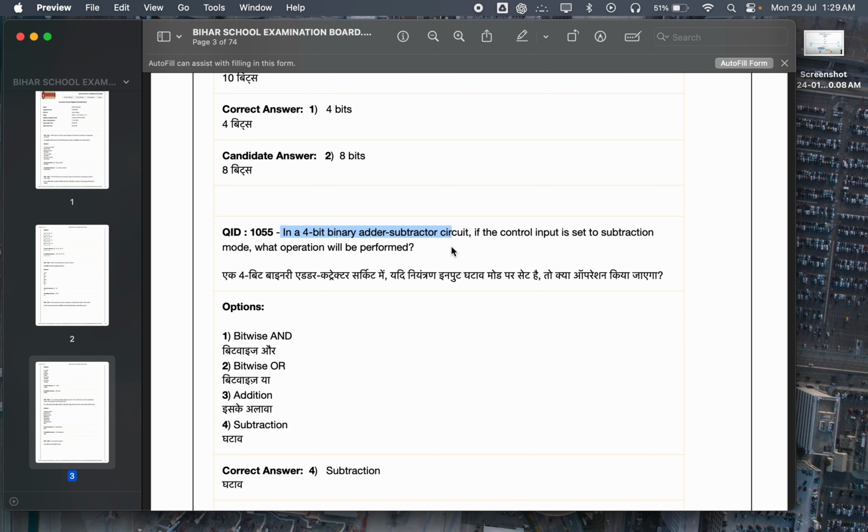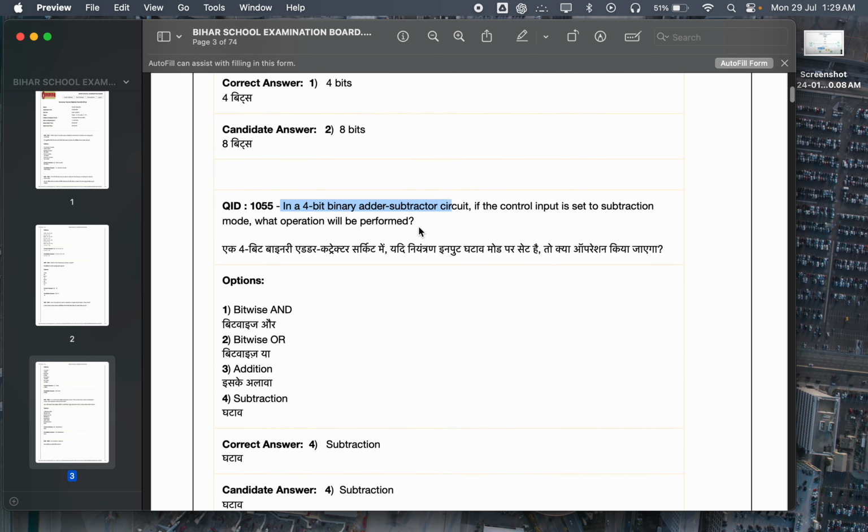Now coming to the next question: in a 4-bit binary adder-subtractor circuit, if the control input is set to subtraction mode, which operation will be performed? There is no separate subtractor actually, it's just the adder, and using an adder itself we can do a subtraction.